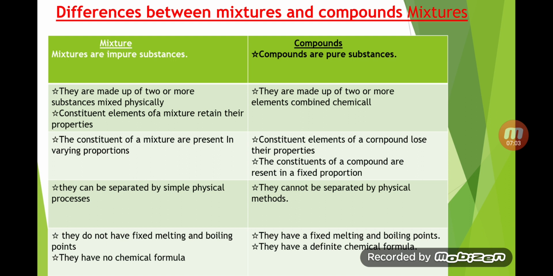In the case of a compound, two or more elements combine chemically and produce a new substance. It means there will be no properties of their constituent particles. The constituent elements of a compound lose their properties after combining. After chemical combination, you will never find their constituent particles, because a new substance is formed.